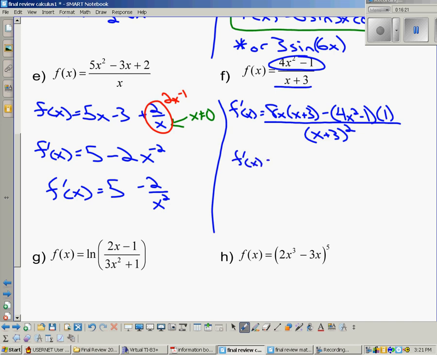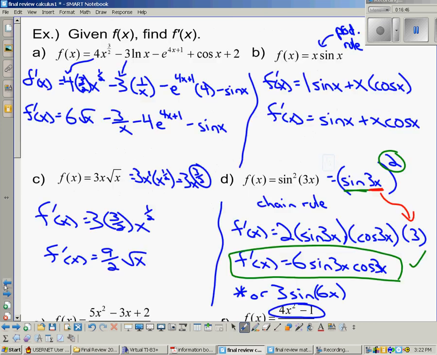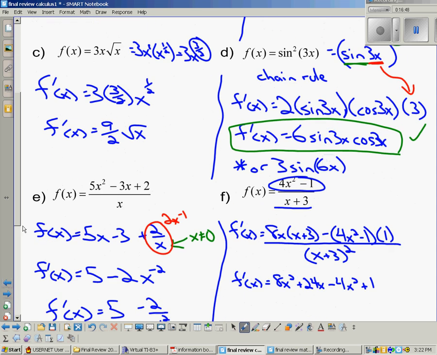Let's try and collect some like terms here. We'll just expand out. That'll give us 8x squared plus 24x minus 4x squared plus 1. Okay, little smartboard issue there.